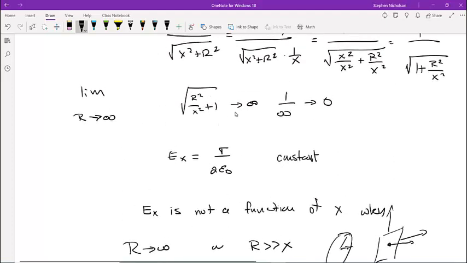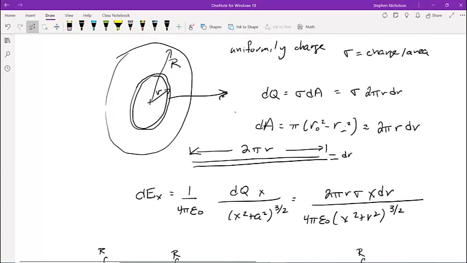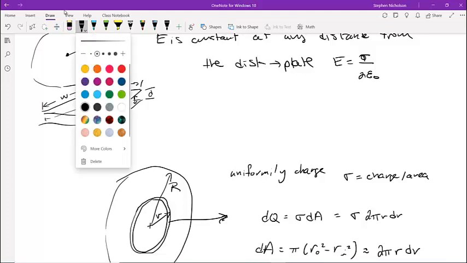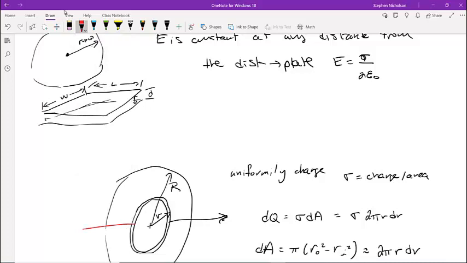Now, there's an electric field on either side of this disk. I'm showing it going to the right: if it's to the right of the disk, you have an electric field towards the right. If you go to the other side, to the left side of the disk, you have your electric field going the other direction.